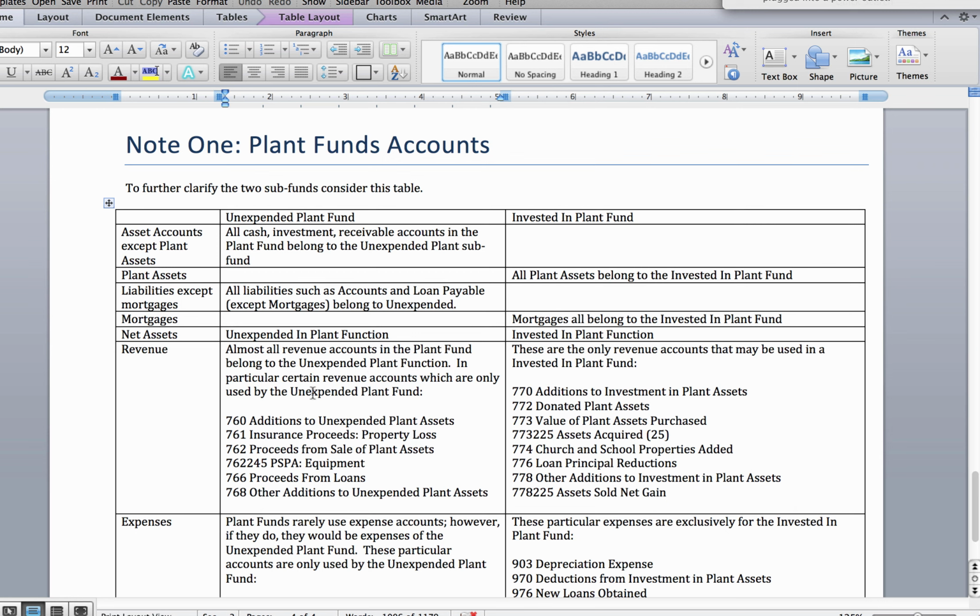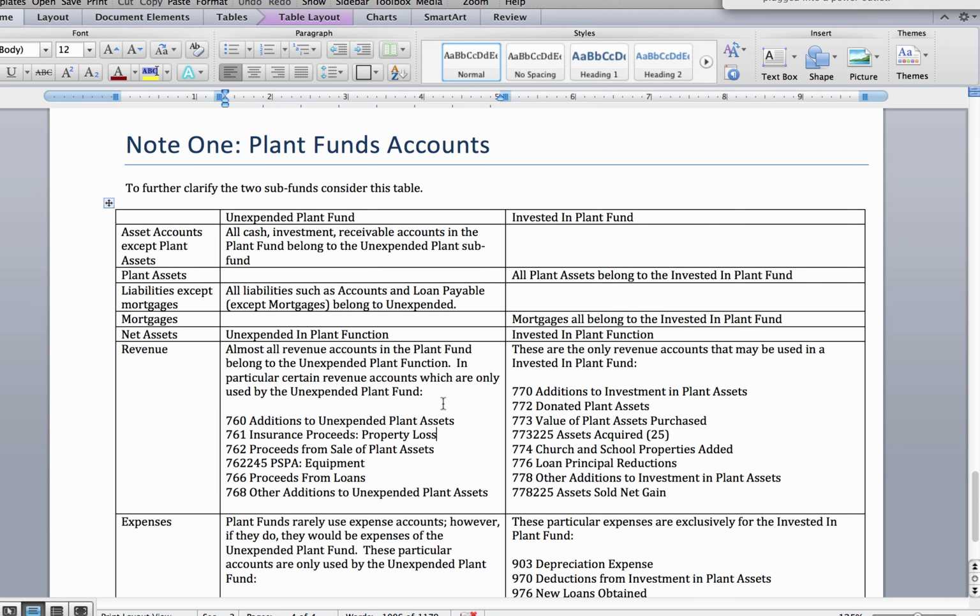In particular, there are certain revenue accounts that are only used by the unexpended plant fund: addition to unexpended plant assets, insurance proceeds, proceeds from sale of plant assets (PSPA), equipment being an example of that, proceeds from loans, and other additions to unexpended plant assets.